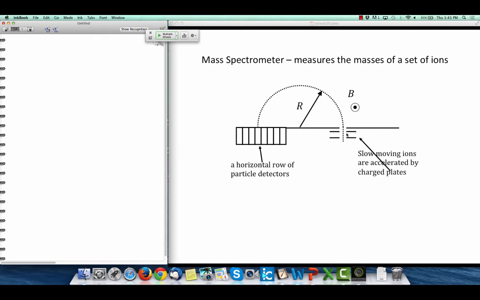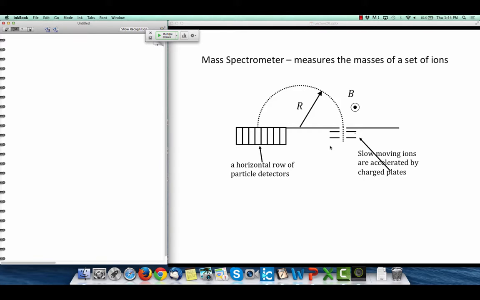Those ions are accelerated across two plates. So these two plates here are at different electric potentials. Ideally, you would use something like, in homework you had a velocity selector where you had magnetic fields and electric fields both.